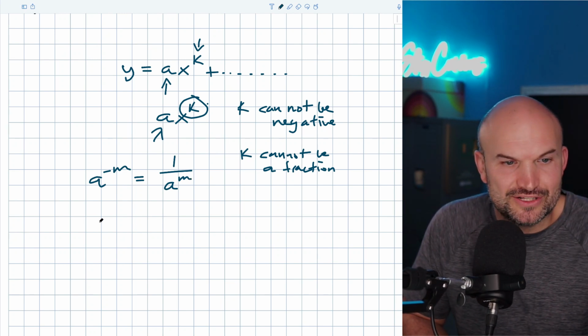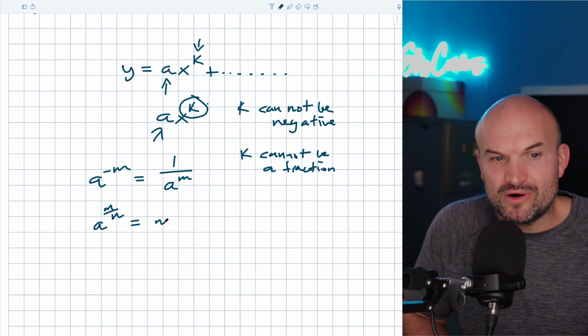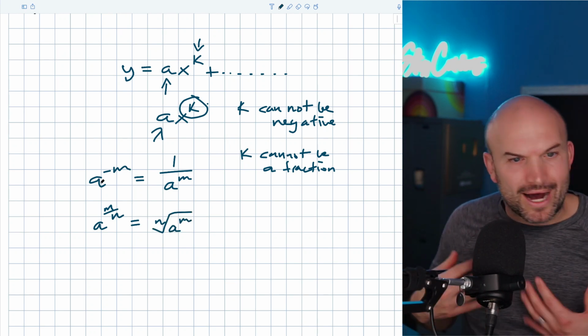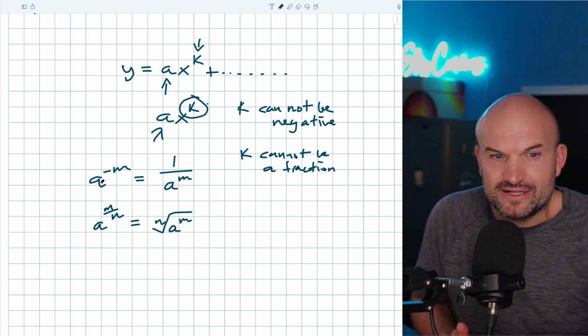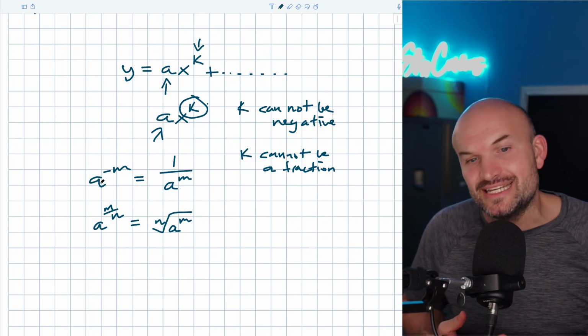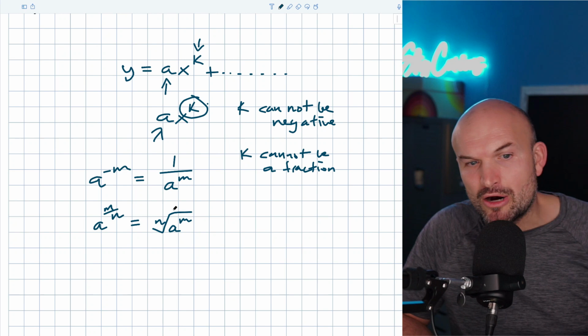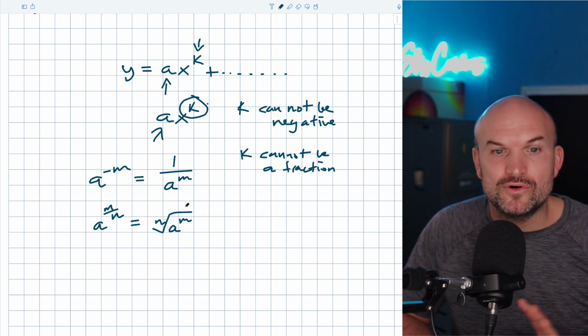And again, going back to our understanding here, if the exponent is a fraction m over n, well, remember that represents the nth root of a to the m power. Now again, why do we not want it to be radicals? Well, if we have radicals, that's going to break up this idea of a smooth and continuous curve. And you can just look at these power functions. You can see how that is now going to impact it.